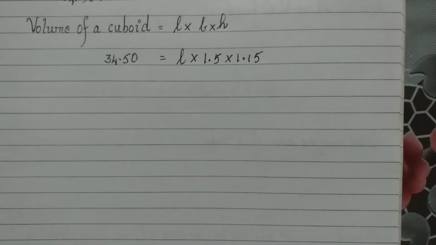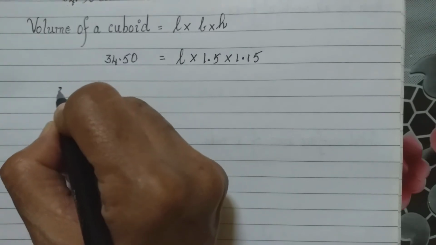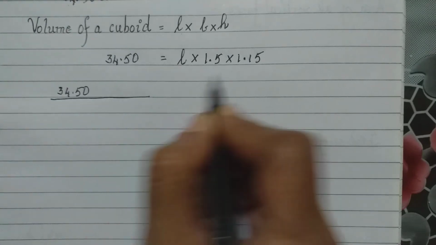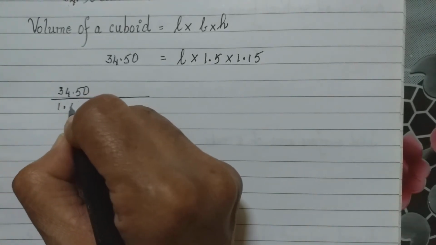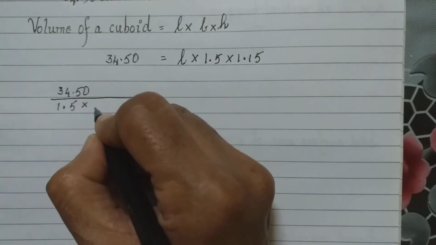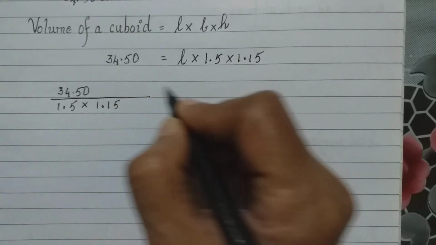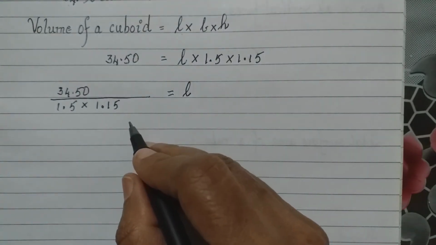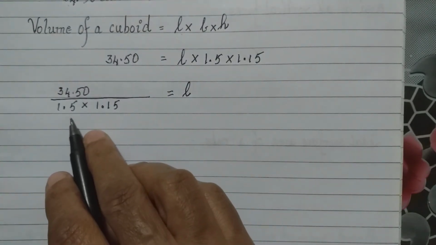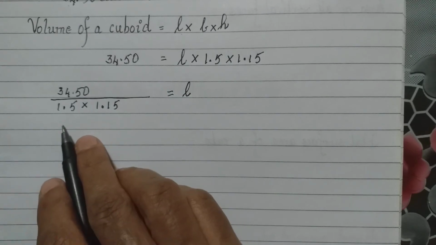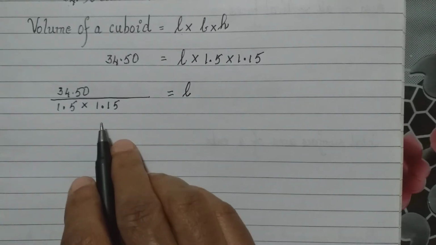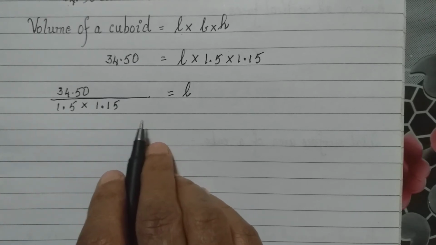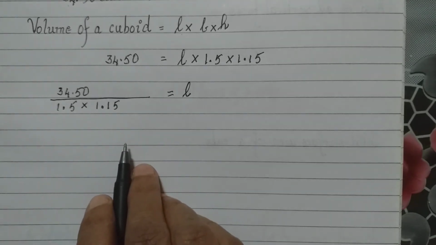So now 34.50 upon, we take here 1.5 into 1.15 is equal to L. Now what we do is here, we write this 1.5 as 15 upon 10 and 1.15 as 115 upon 100 for our convenience.